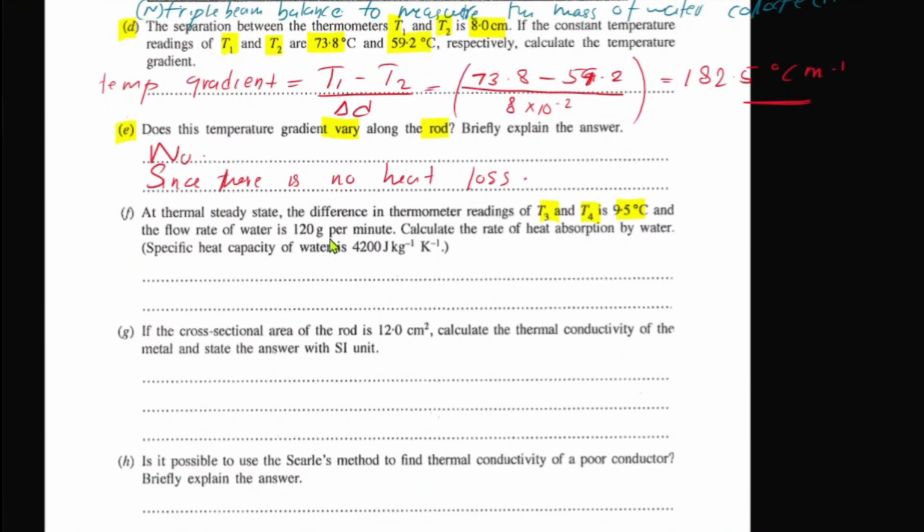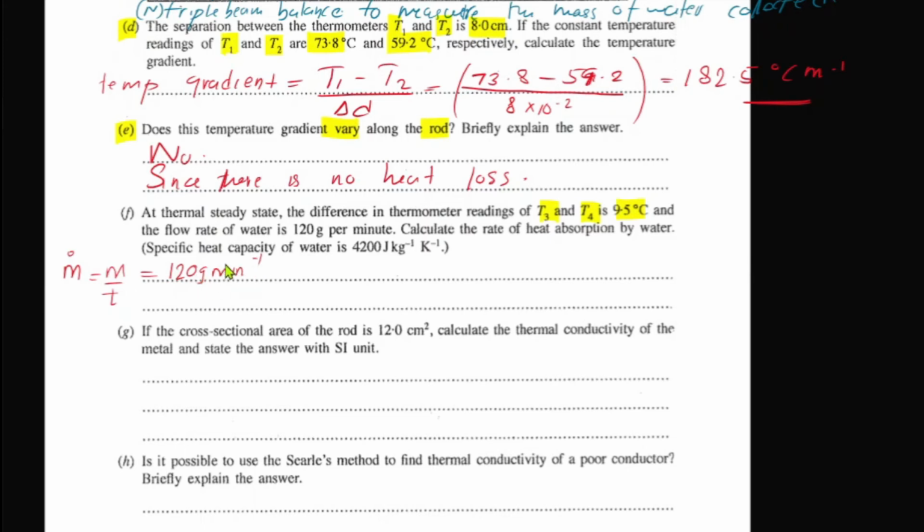And then the flow rate means m dot, which is m over t. That is what flow rate is, 120 grams per minute, right?